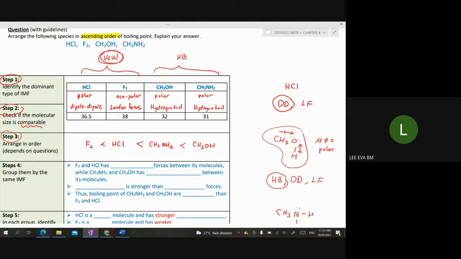Dapat konsep, susunkan awak punya order, baru kita explain, which is your step 4 and step 5. So for step 3, is there any questions? Boleh faham F2 followed by HCl followed by NH2 followed by OH.